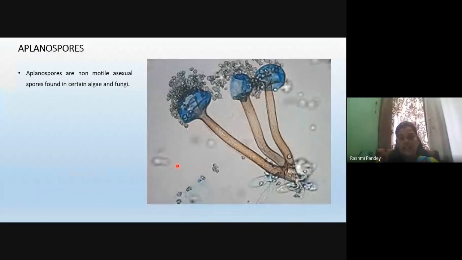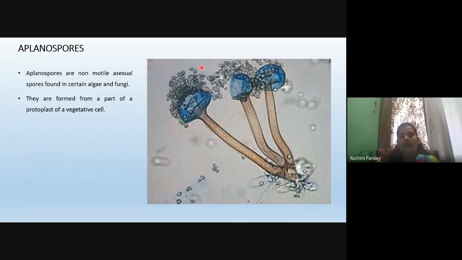In the lower algae and fungi, these all are found. Now these spores are usually formed from the protoplasm or from the vegetative cells. Now in fungi, we have a special apparatus or special cell which harbors these aplanospores, that is called a sporangia, which harbors these aplanospores.